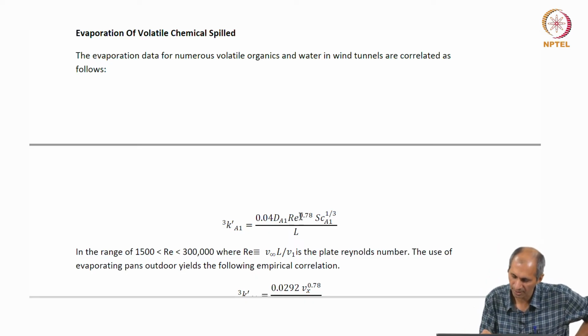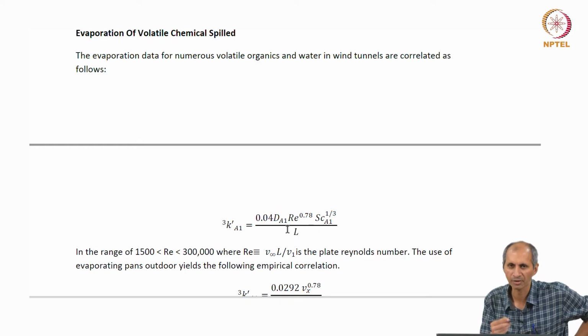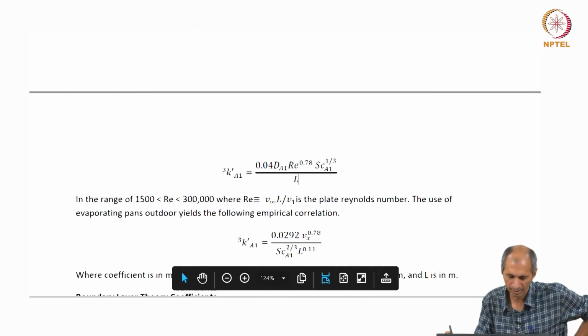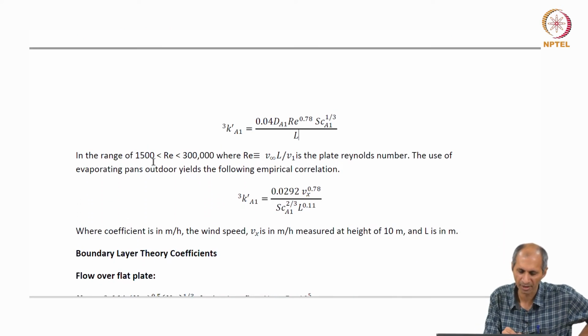And you see again that the correlation has Schmidt number, it has Reynolds number, it has diffusion coefficient. It is essentially like a Schmidt number which is all rearranged here. But they have conditions in the range of Reynolds number between 1500 and 300,000, and the definition of Reynolds number is there, and so on.